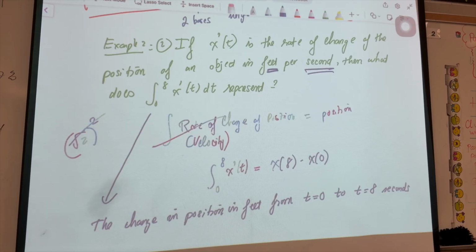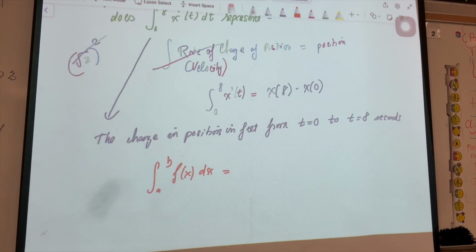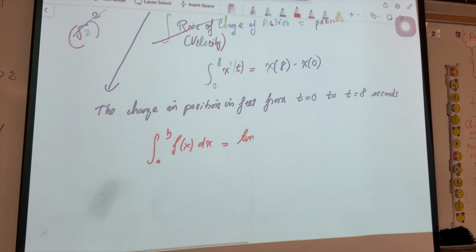Do you remember how to write the integral in the sum notation? Remember? Riemann sum? Okay. Integral from, let's say, a to b. Let's just do f(x), okay? Riemann sum means you're going to add up the area, right? What is the notation for the sum? Right? But because you're taking the limit.